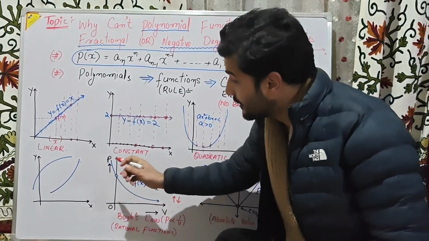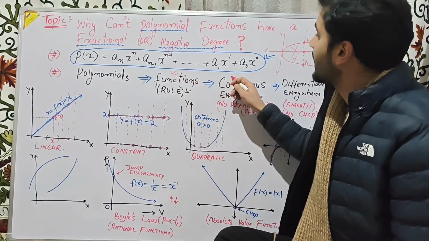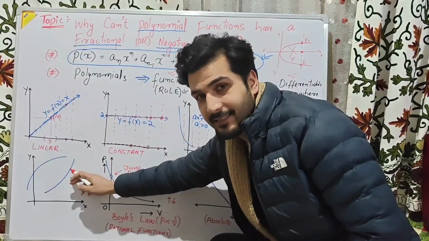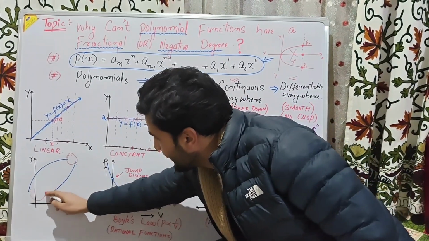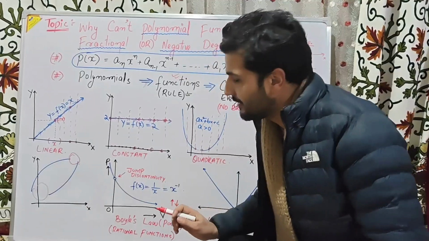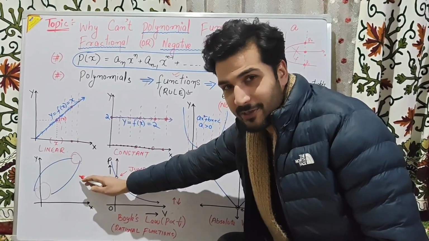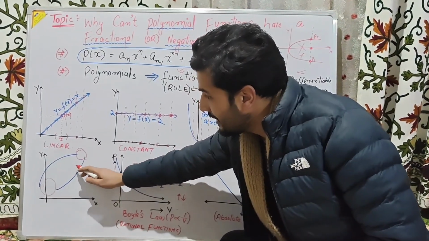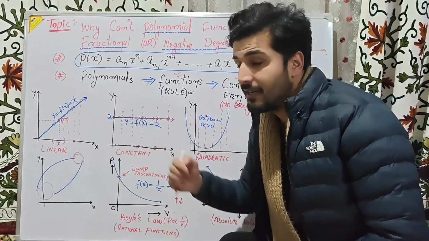Because polynomials are firstly functions, then they are continuous, and they are also differentiable. But in this case, it is discontinuous. There is a point of discontinuity. There's a breakdown in the graph. So it means that the graph of this function is not continuous.